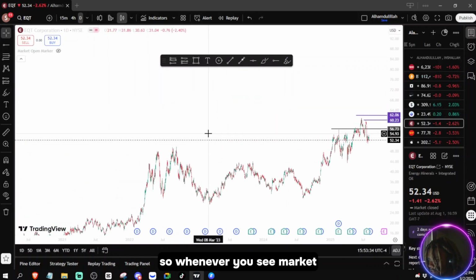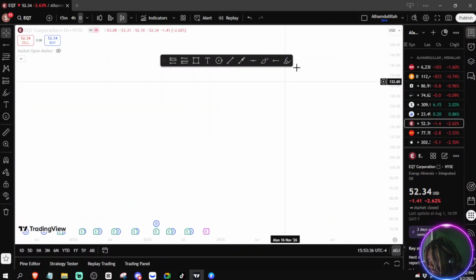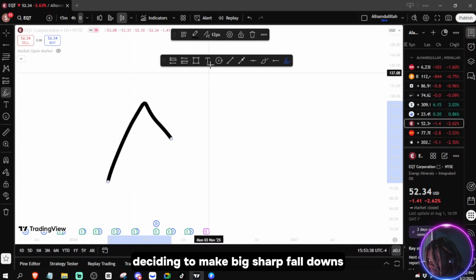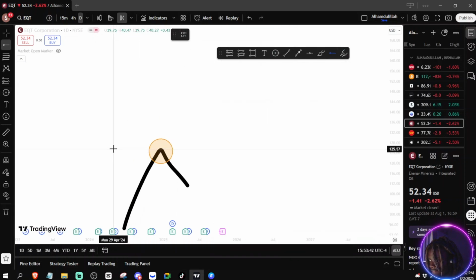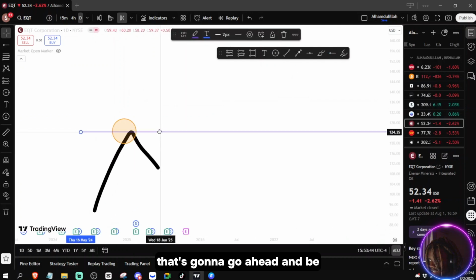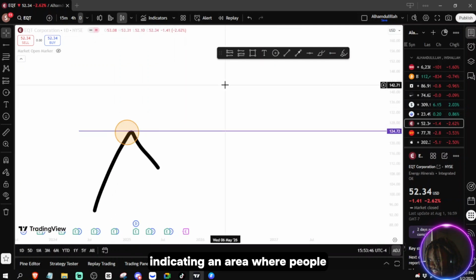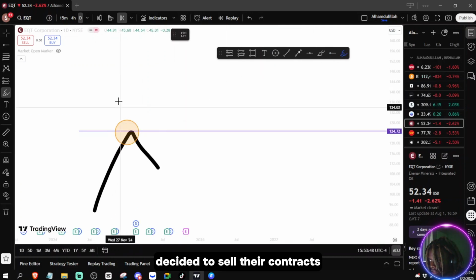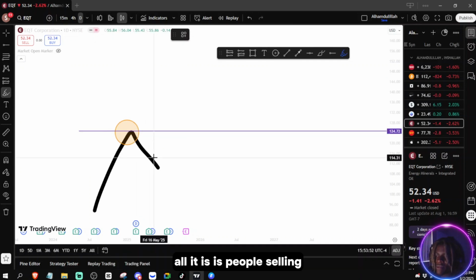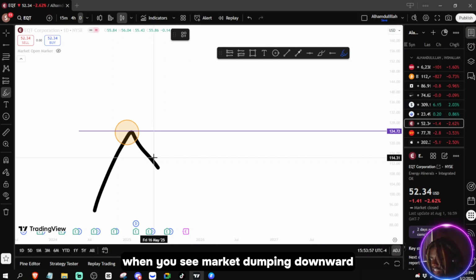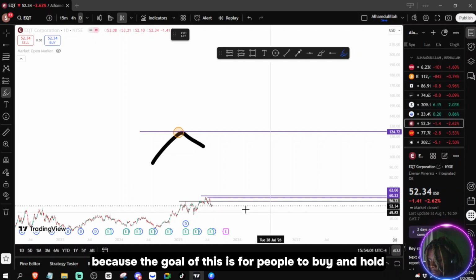Whenever you see the market making big, sharp falls downward, that's indicating an area where people decided to sell their contracts. So whenever you see the market dumping downward, all it is is people selling, because the goal of this is for people to buy and hold.